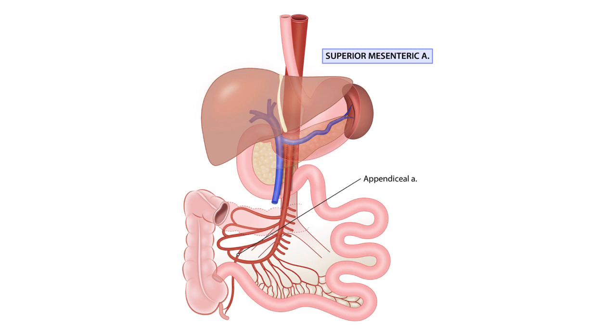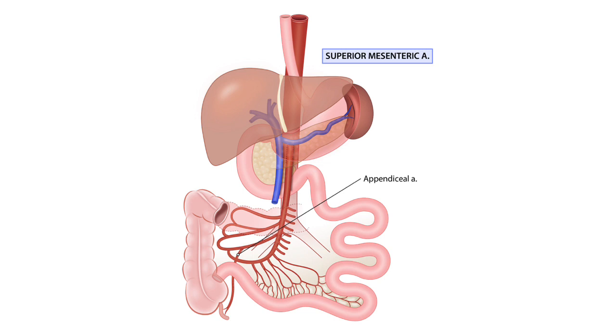As you can see here, these branches from the superior mesenteric artery not only supply the small bowel but also supply the appendix, cecum, ascending colon, hepatic flexure, and proximal half of the transverse colon.